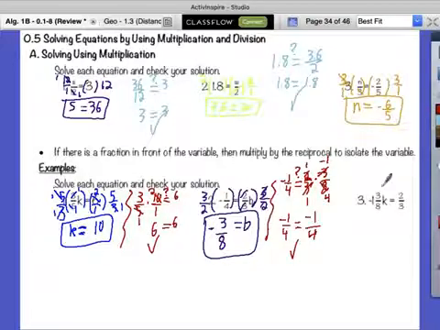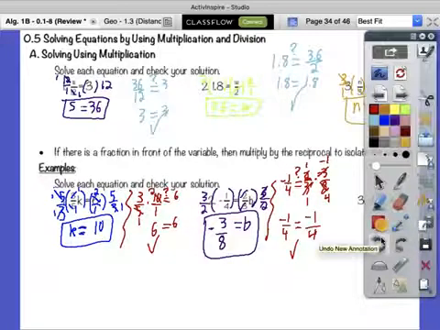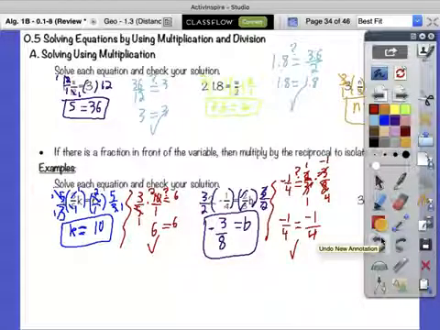Alright, so let's talk about number 3 together here, okay? Negative 1 and 3/8. Well, 1 times 8 is 8, plus 3 is 11. So this is really the same thing as, let me change colors here.